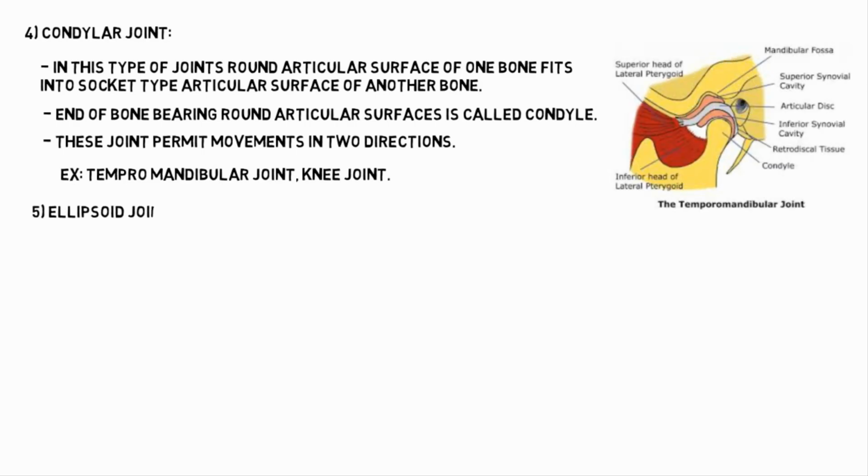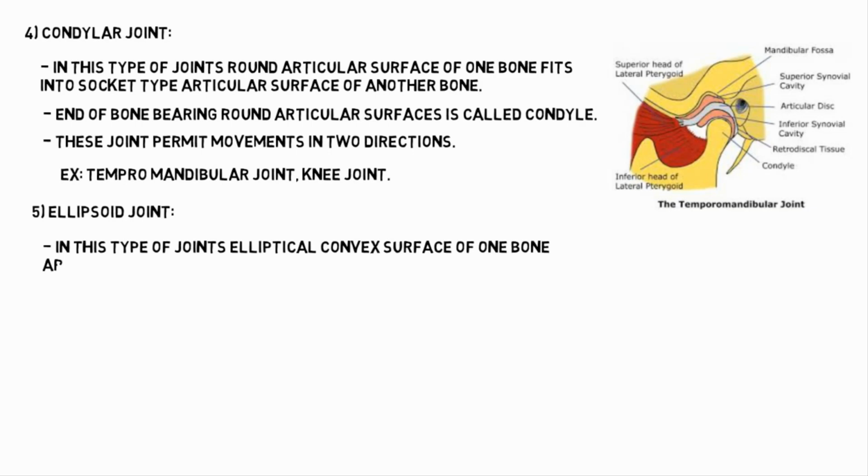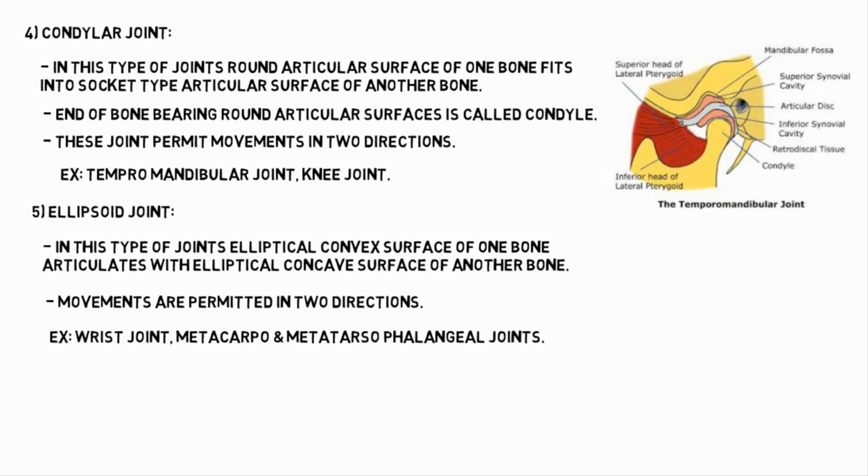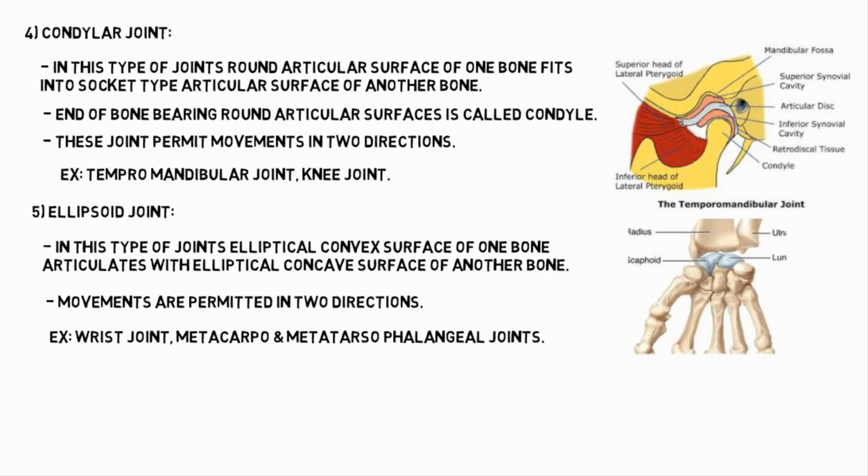Next is the ellipsoid joint. In this type of joint, the elliptical convex surface of one bone articulates with the elliptical concave surface of another bone. Movements are permitted in 2 directions. Examples are the wrist joint and metacarpophalangeal and metatarsophalangeal joints.